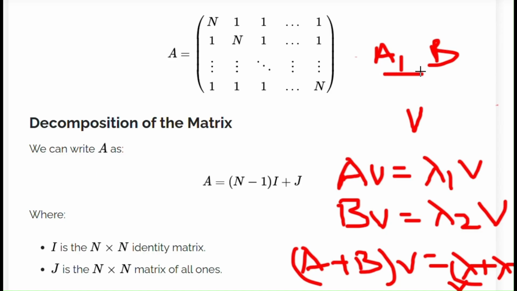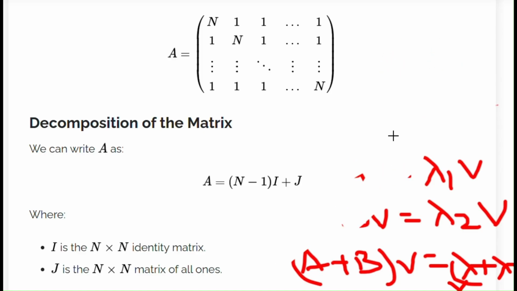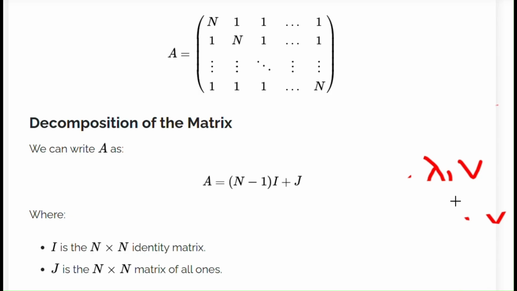The sum of these matrices has an eigenvalue equal to the sum of their individual eigenvalues. This is another thing you should remember, as it comes in useful, and as you'll see, it will be useful in this question as well.